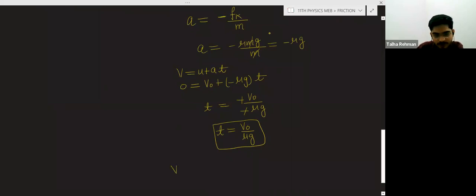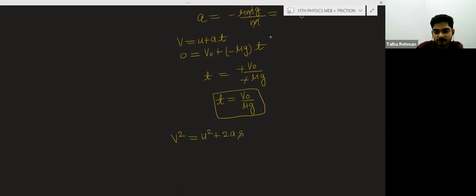Final velocity square is equal to initial velocity square plus 2 into acceleration into displacement. Final velocity is 0. Initial velocity is v naught square. 2 is a natural number.